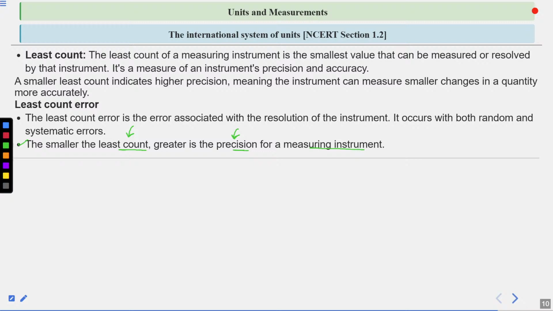One more question. What is the unit of current?